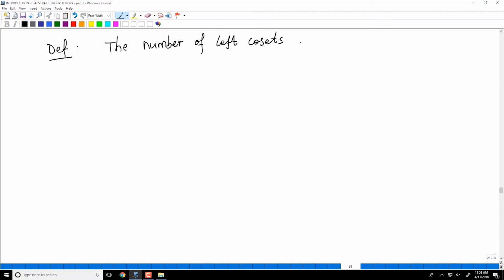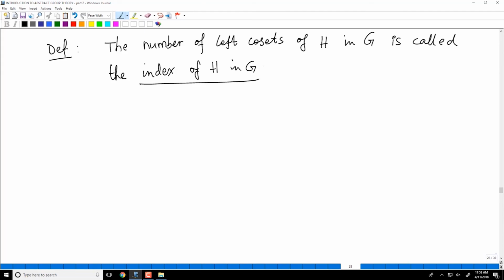The number of left cosets of a group H in G is called the index of H in G. Index of H in G is the number of left cosets of H in G. It is denoted by this symbol G colon H in square brackets.